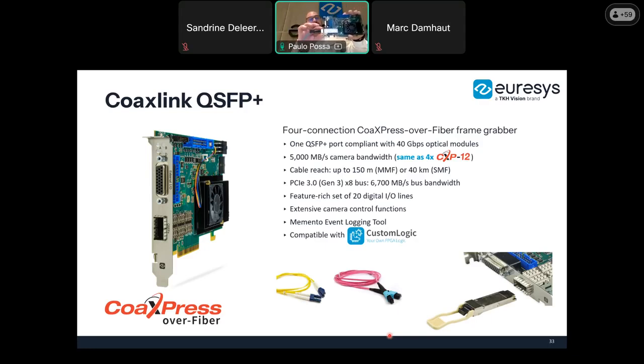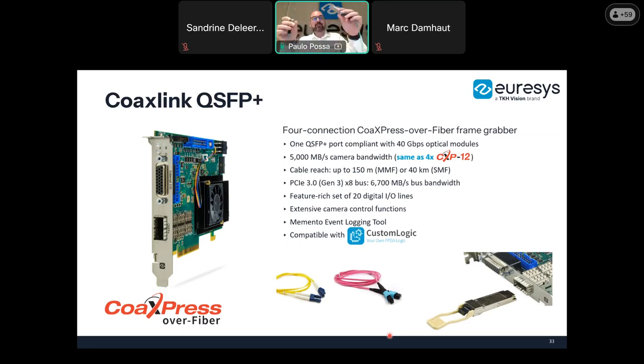And it has a very strong mechanical fixation. To release the module, you just pull the small thing there, and it releases the module. So in terms of cables, we can use this kind of cable.